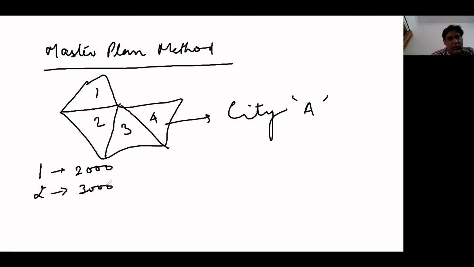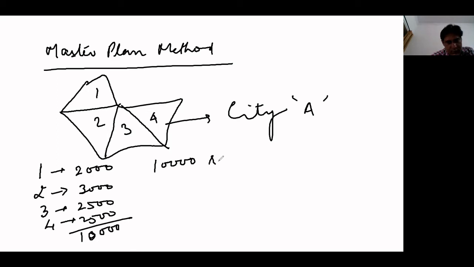3000, zone 3 has 2500, zone 4 has 2500. This amounts to 10,000 residences.